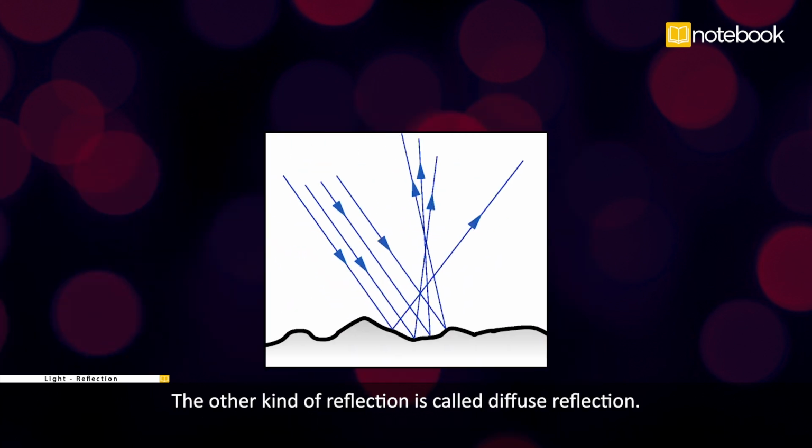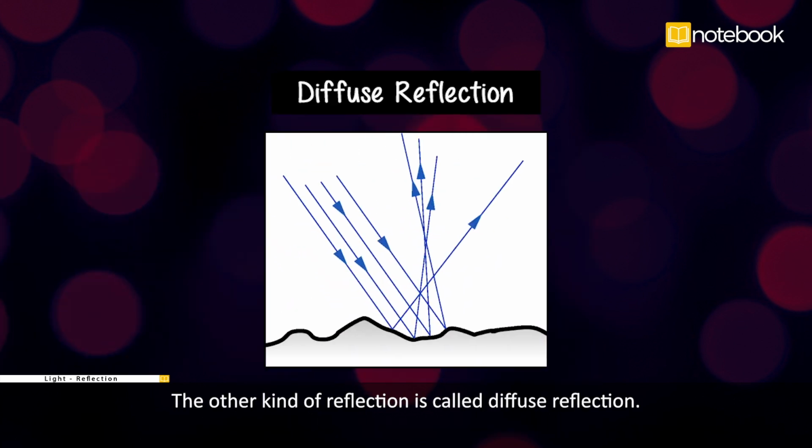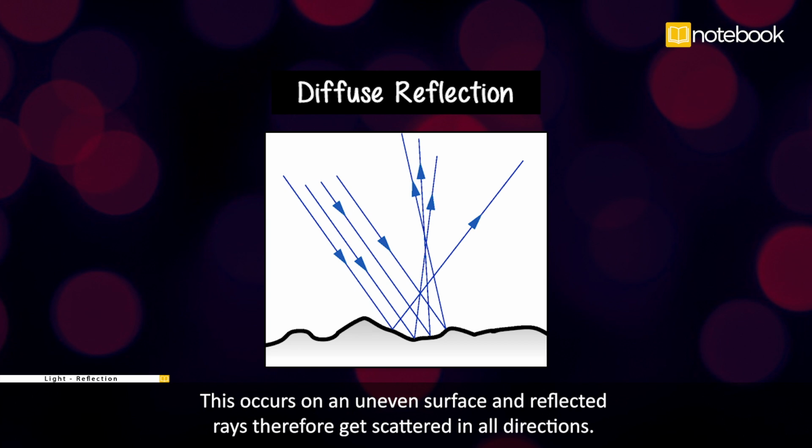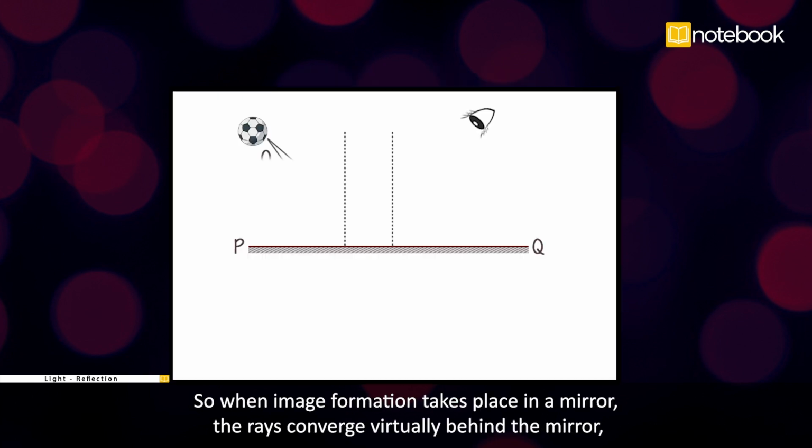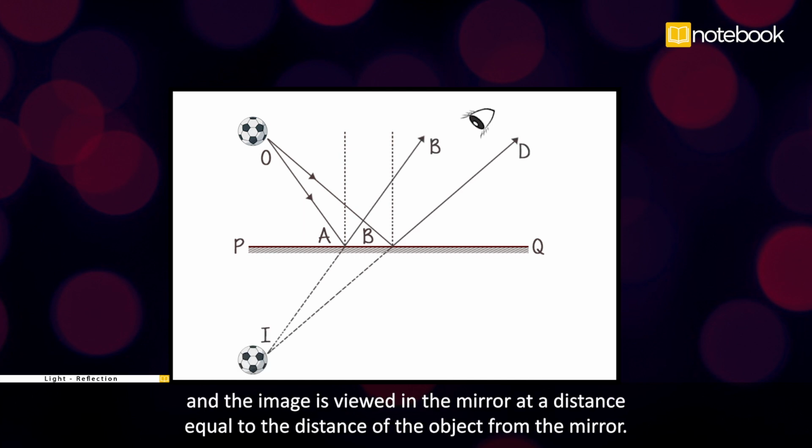The other kind of reflection is called diffuse reflection. This occurs on an uneven surface and reflected rays therefore get scattered in all directions. So when image formation takes place in a mirror, the rays converge virtually behind the mirror and the image is viewed in the mirror at a distance equal to the distance of the object from the mirror.